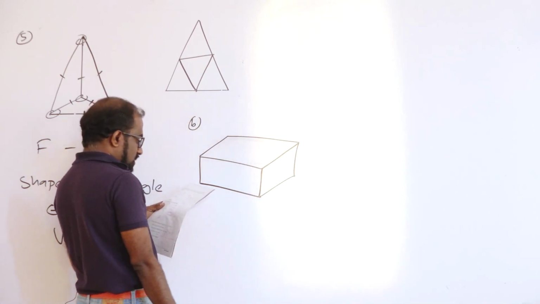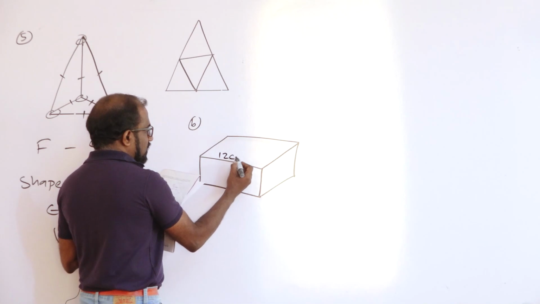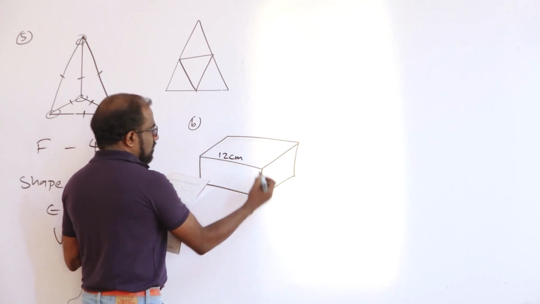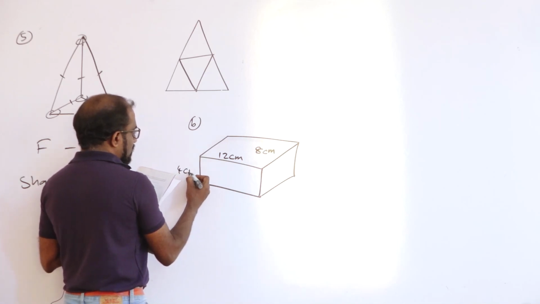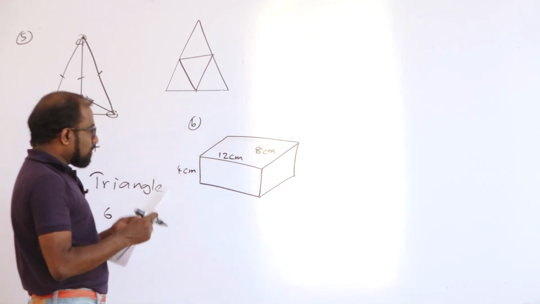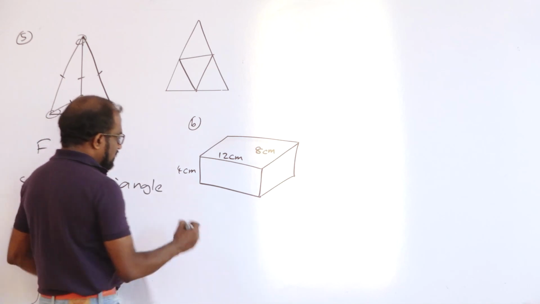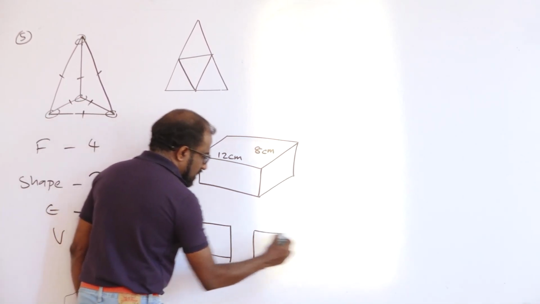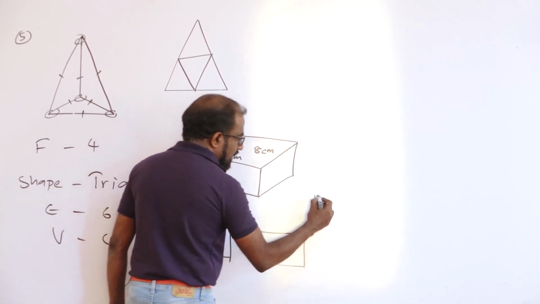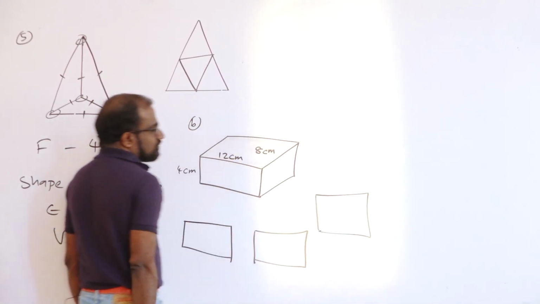Its length is 12 centimeters, breadth 8 centimeters and height 4 centimeters. Three rectangles are given, the three faces of this cuboid, and we have to write the length and breadth of each. Very easy.